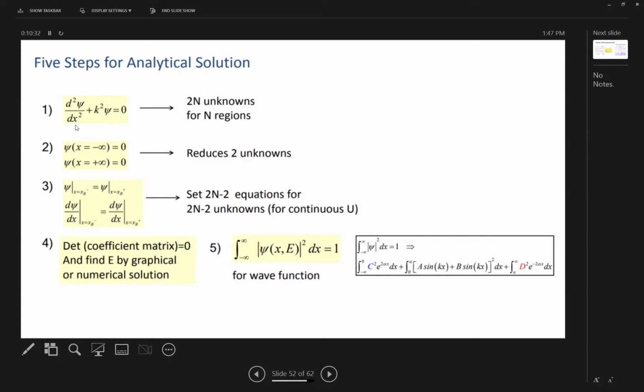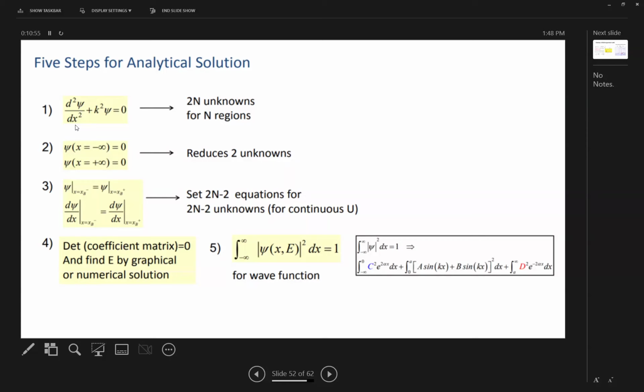Okay. Now, if you start with, let's say, this finite potential well, a finite potential well has a few separate regions. For instance, this is one region where you have one kind of potential. This is another region where the potential drops, and then this is another region, right?